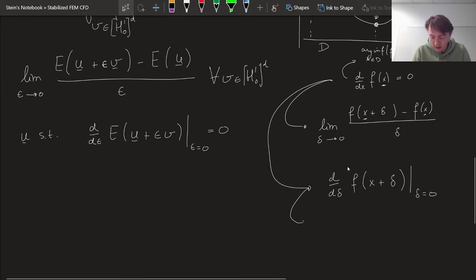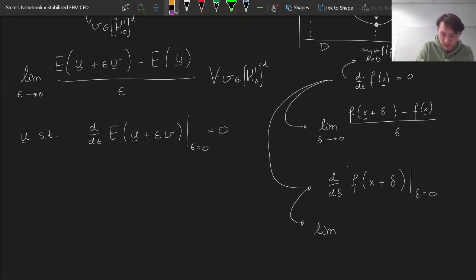So this again is now the limit of, I don't want to call this delta, running out of symbols here, no, I will call it delta.